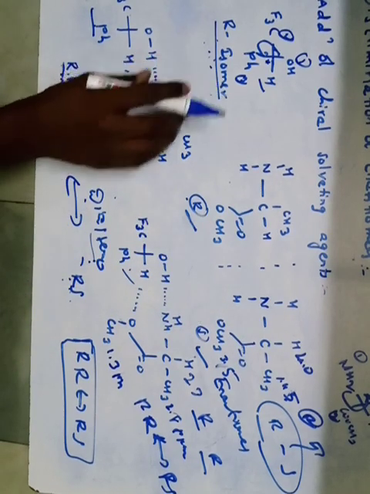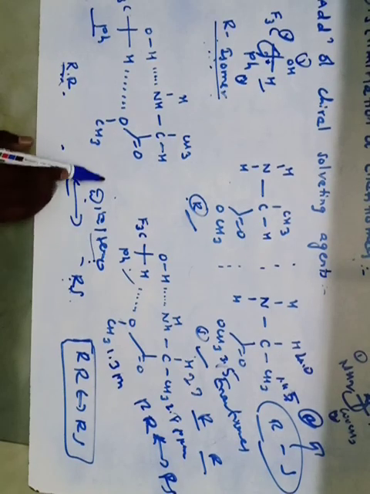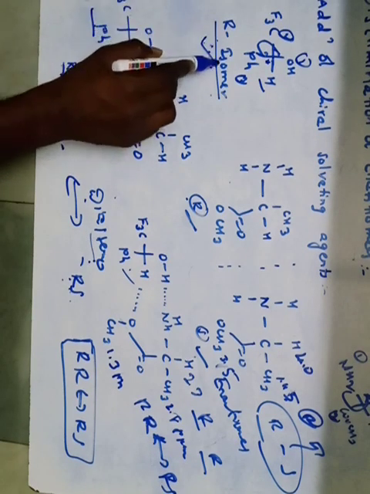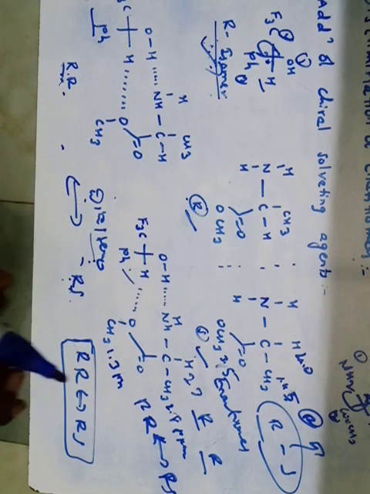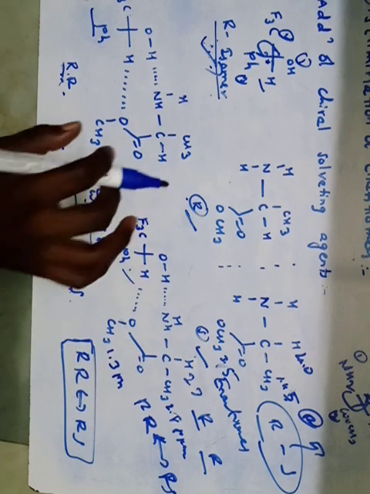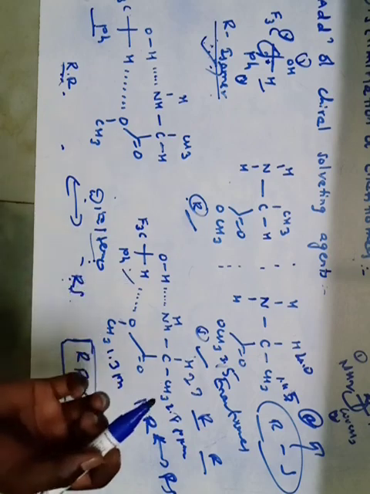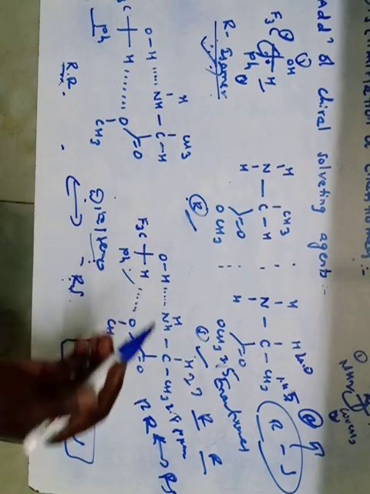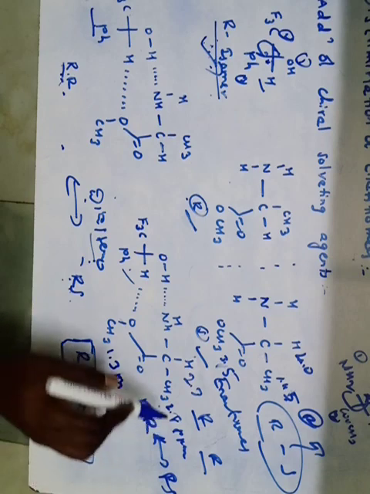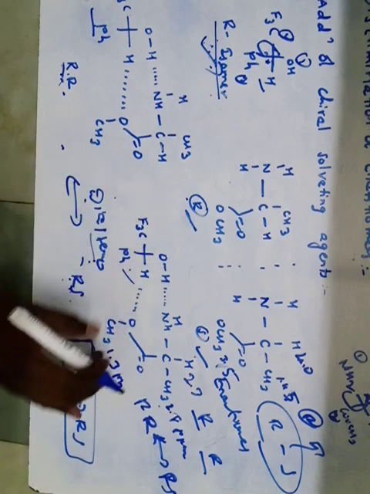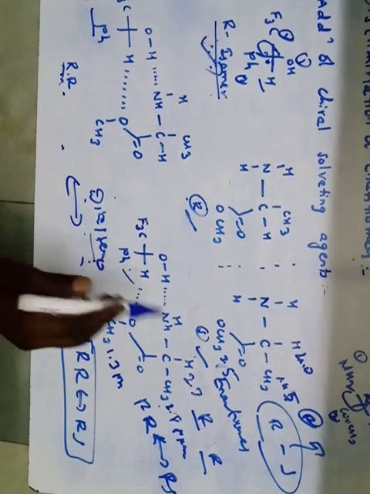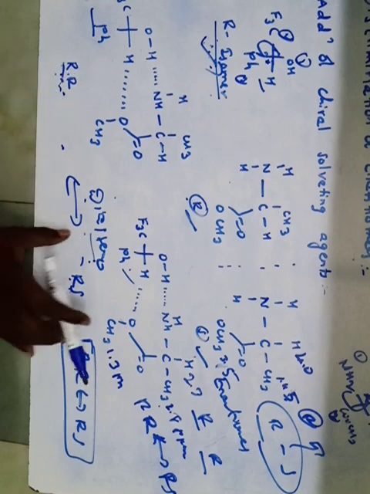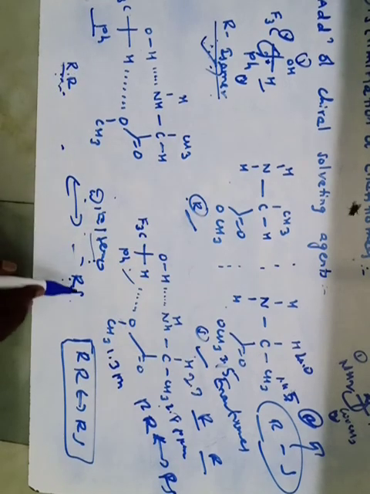Enantiomers give the same signals in H1 NMR spectroscopy, whereas diastereomers give different signals, meaning different chemical shift values for these two types of structure. These are the enantiomers, these are the diastereomers. By adding chiral reagents, enantiomers can be converted into diastereomers.